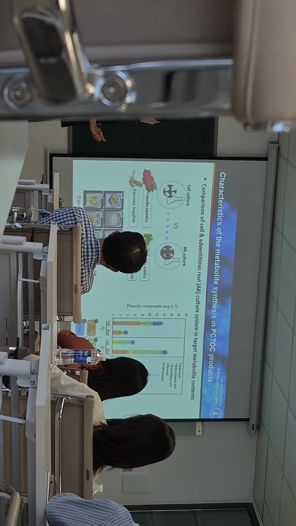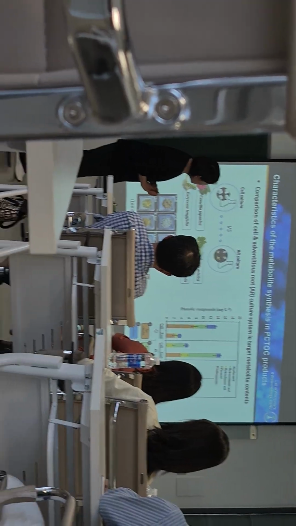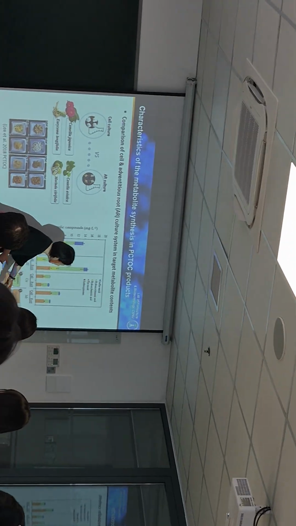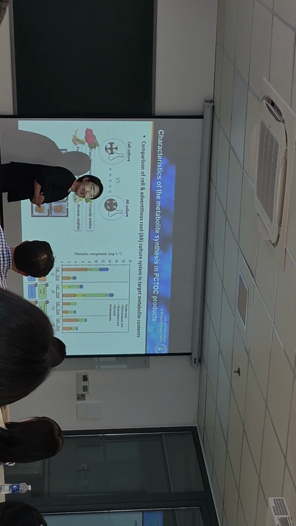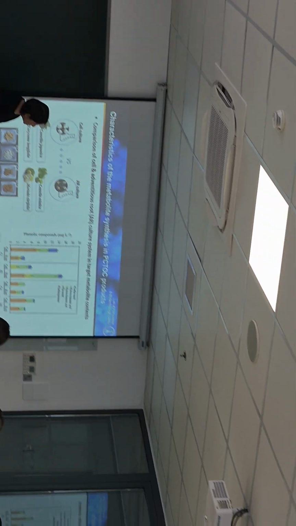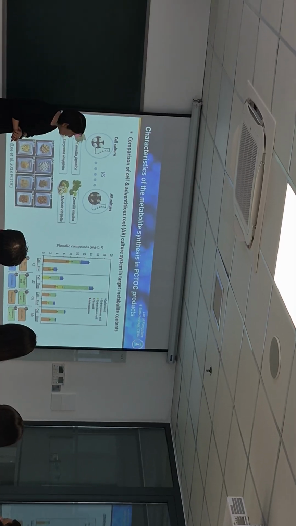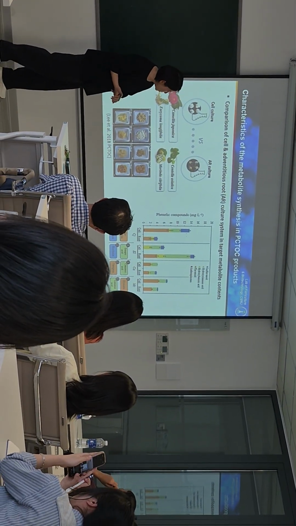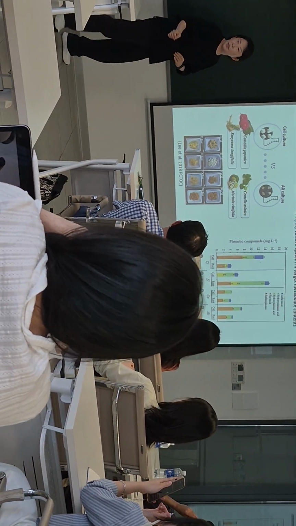So here is also the composition of phenolic content. The cells show a high amount in Camellia, and in the case of Morinda, they show high composition of phenolic compounds in cells, but less in the adventitious root. But the other species were different.